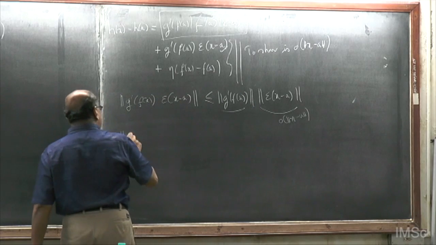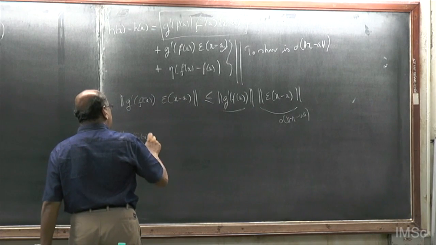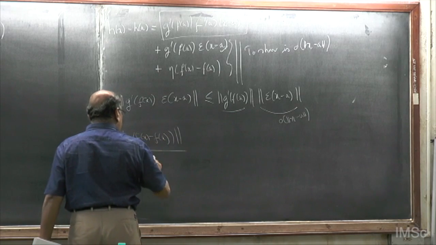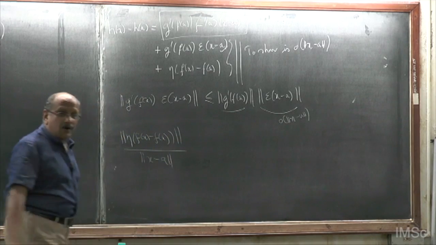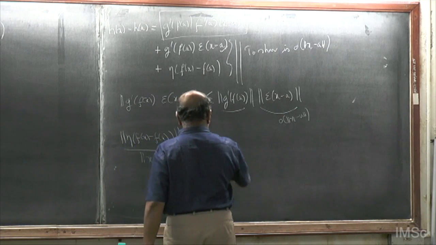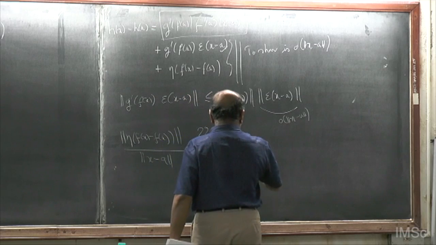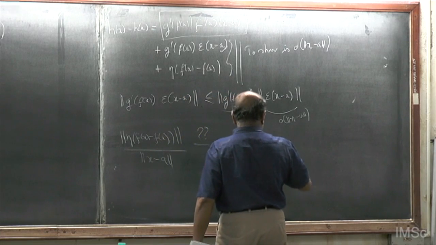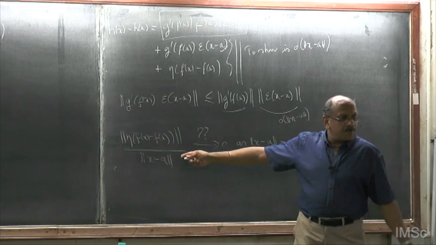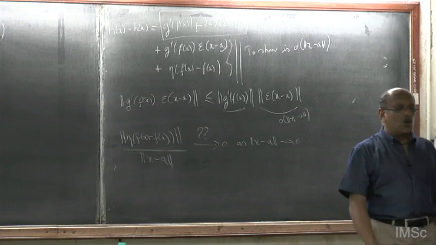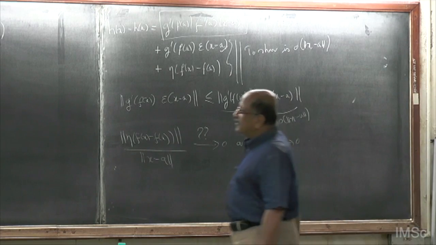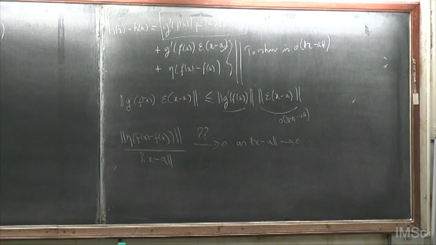So, norm of eta of f of x minus f of a by norm of x minus a, I must show goes to 0 as norm x minus a goes to 0. Then it will be little o of norm x minus a, that is the definition of little o which we did so far.